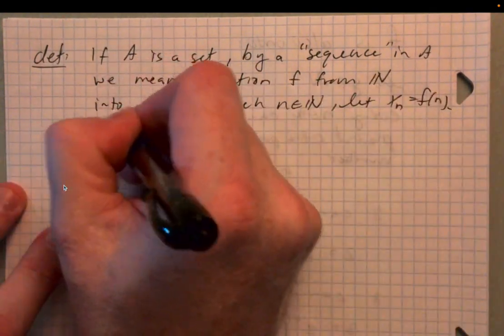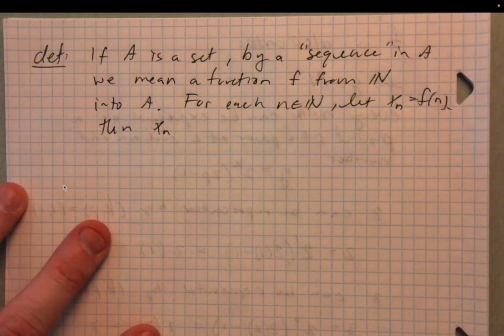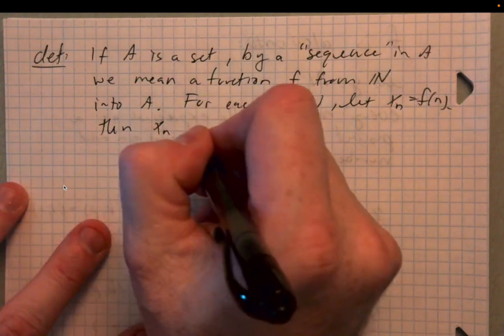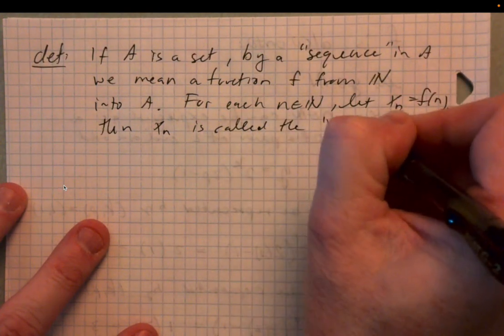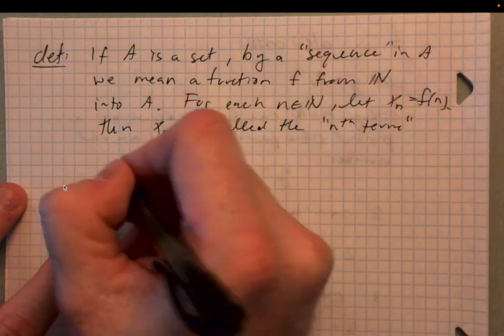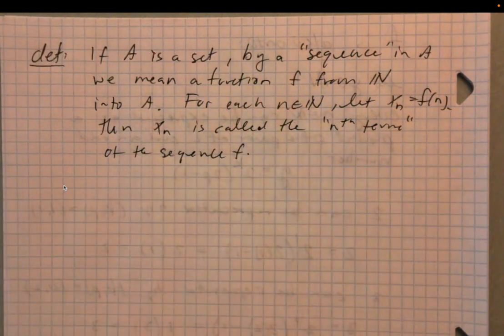Then x sub n is called the nth term of the sequence f. So that's what we mean by a sequence in A.